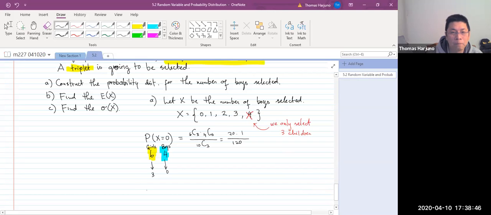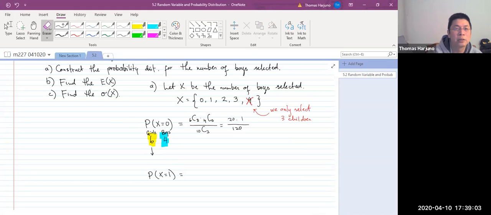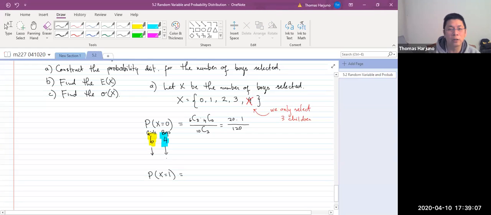Now then, using the same idea, find out what is the probability that x equals 1. Using the same setup, 6 girls, 4 boys, I need 1 boy because x is the number of boys, right? If x equals 1, then how many girls? 2.